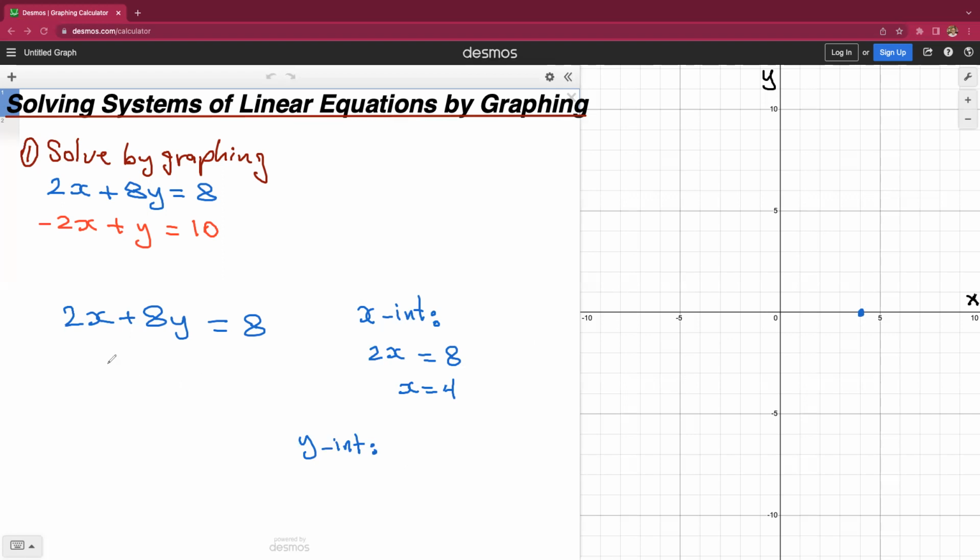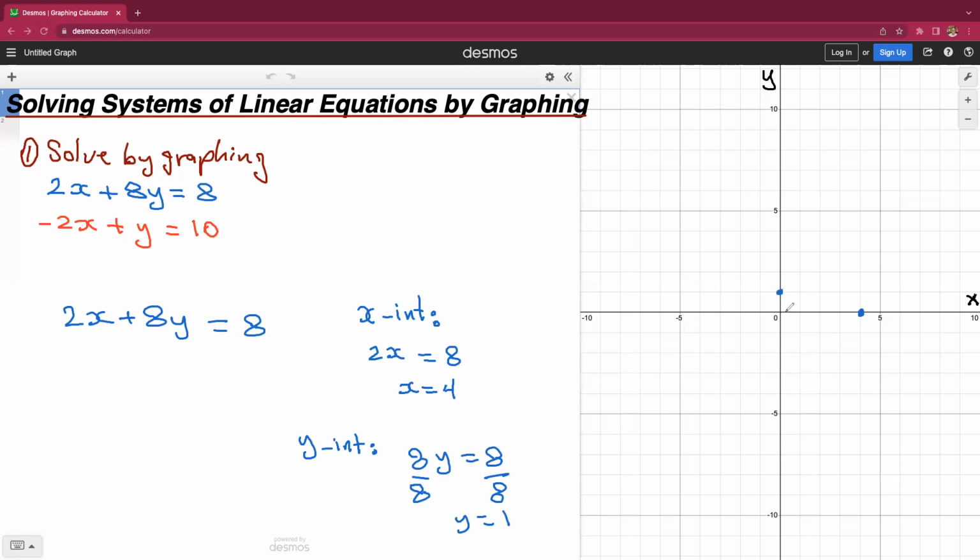So for the y-intercept, you make x 0. If we make x 0, then 2 times 0 is 0, so we might as well ignore this part of the equation and write 8y equals 8, and then divide both sides by 8. We get y equals 1. Then you go to where y equals 1, and you plot a point.